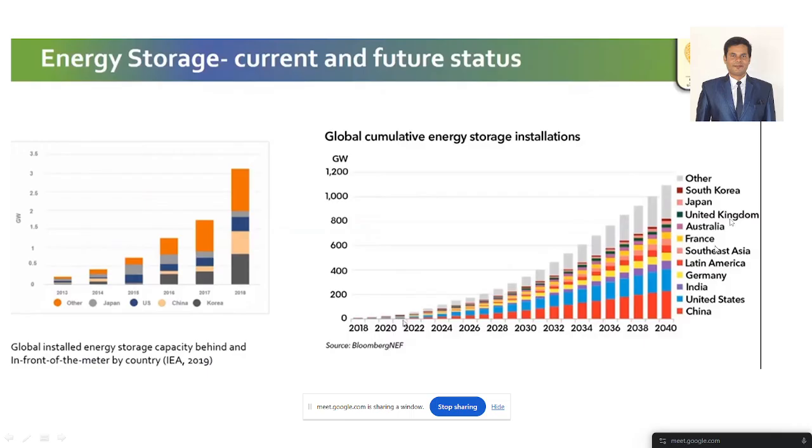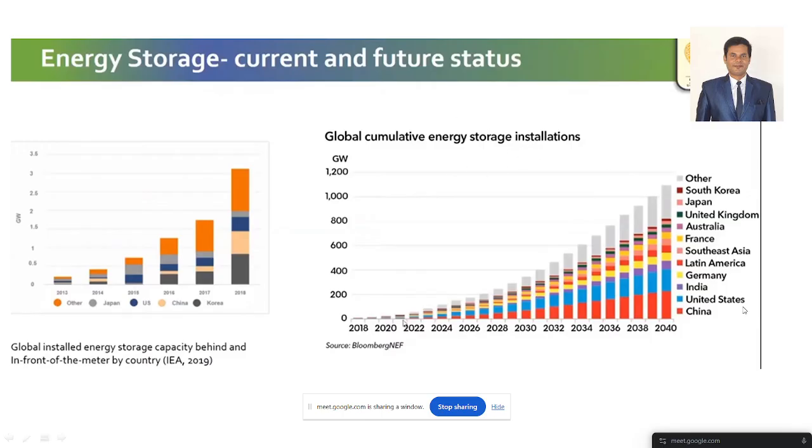You can see in this curve that various countries are going to have energy storage for future usage, because we require more usage. Present technologies are making storage that may be used in the future.